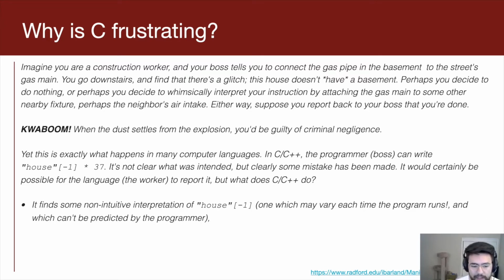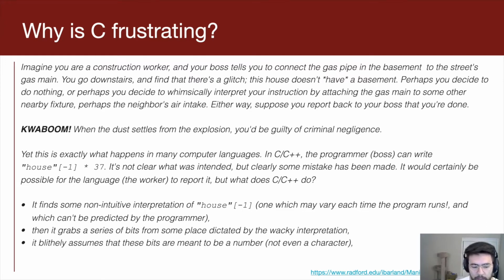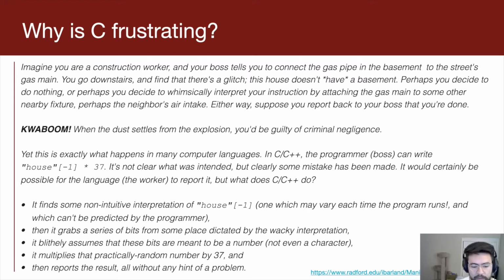They happily find some non-intuitive interpretation of house of -1, one which might be different every time the program runs and can't be predicted by the programmer. And it grabs a series of bits from some place dictated by this wacky interpretation. It reliably assumes that those bits are meant to be a number, not even a character, right? This is a string, but it somehow treats that as a number, and then it multiplies that practically random number by 37, and then reports the result without any hint of a problem.